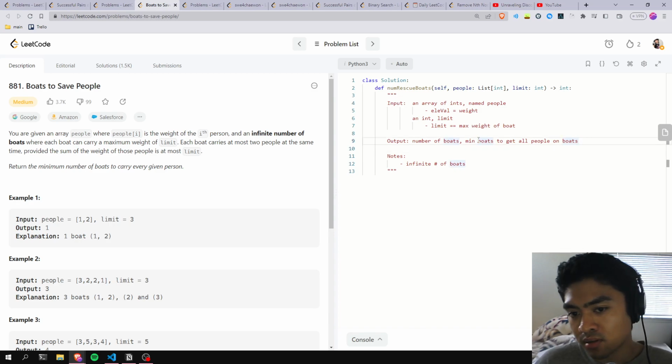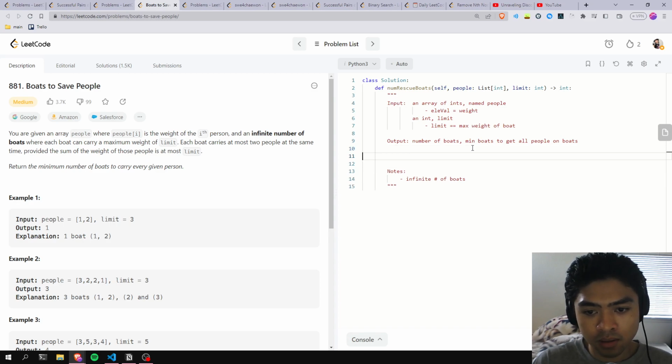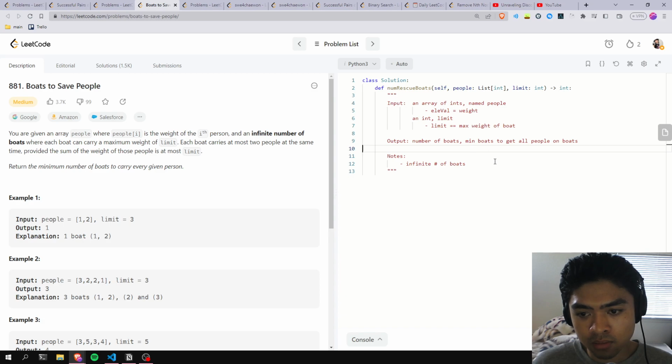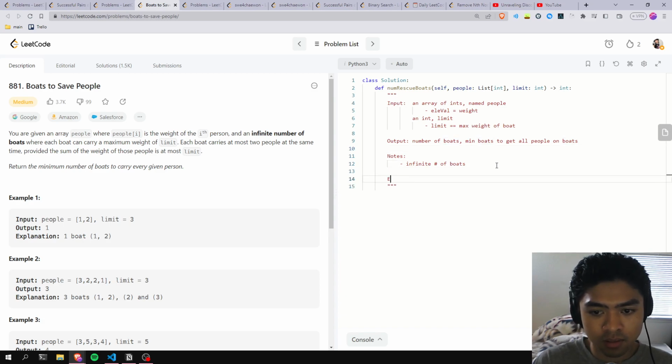To really showcase that I do understand this, let's go through an example. Example one, and I'll put it below the notes, because I like it that way. Let's say we have an input where this is the weight of the people: 2, 0, well, can we have 0? That's actually a good question. Can weight be 0?